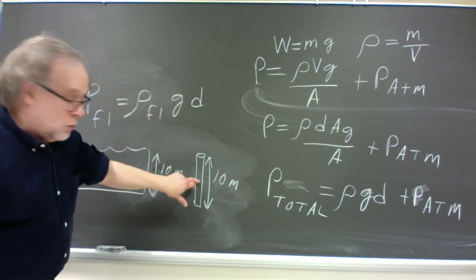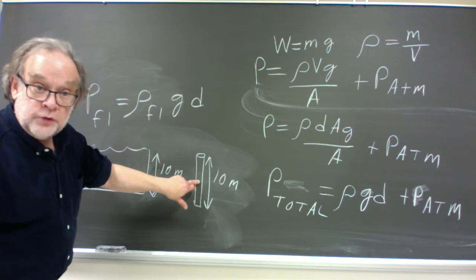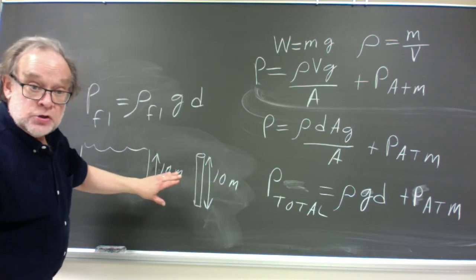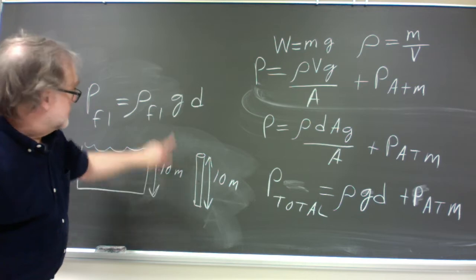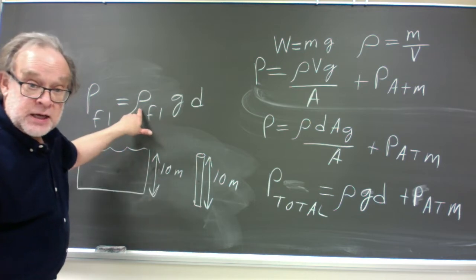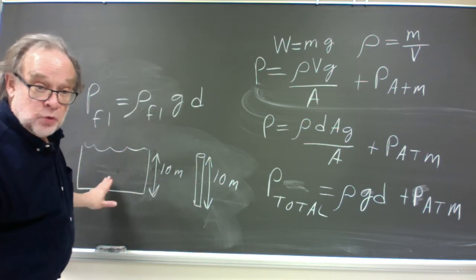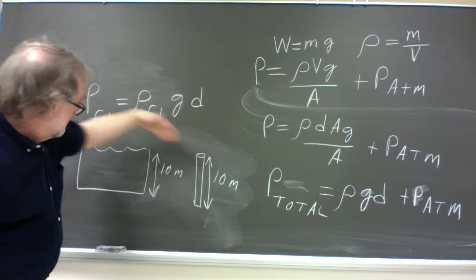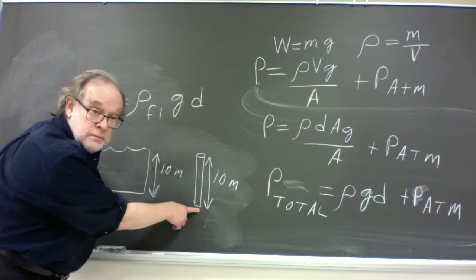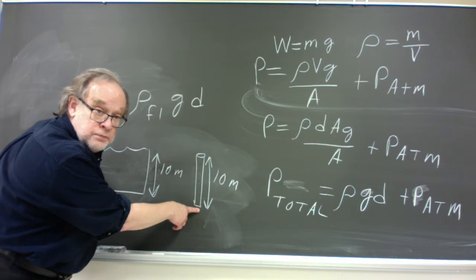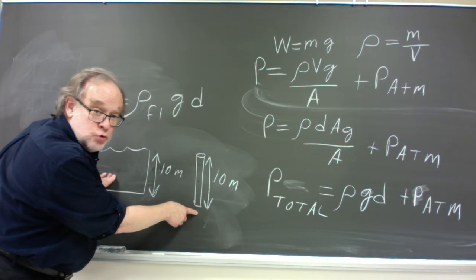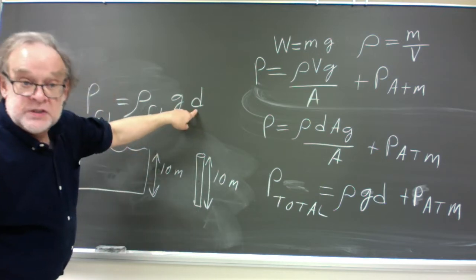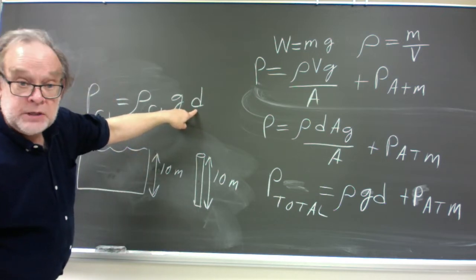So they're both filled with water, both filled with the same substance. So for both of these things, that factor is the same. And for both of these things, the depth below the surface, here's the surface, and if we go to the bottom of each of these things, bottom of the pool, bottom of the tube, the depth below the surface is the same, 10 meters.